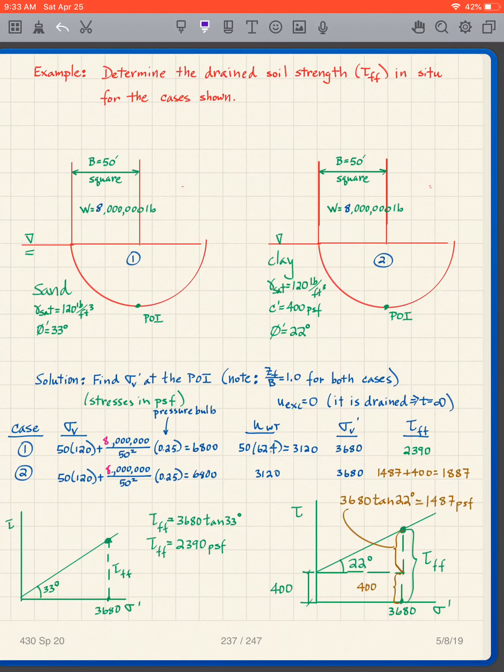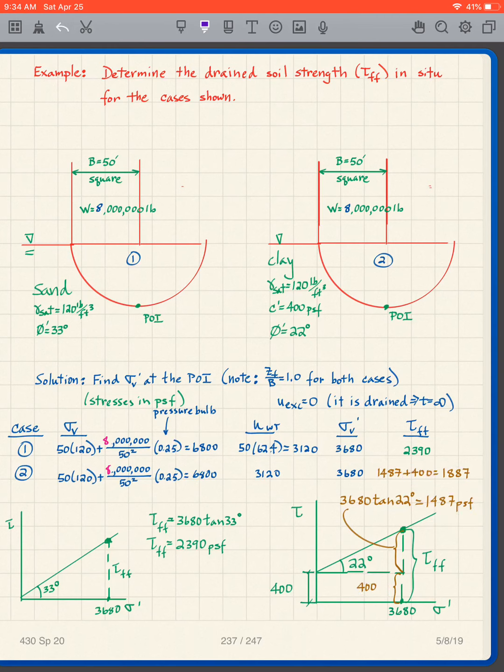This is 400, and then I create this little triangle here, and that is going to be 3680 tangent of 22. So I simply add the 400 to the 3680 tangent 22 degrees. I get the 1487 plus the 400, I get 1887.